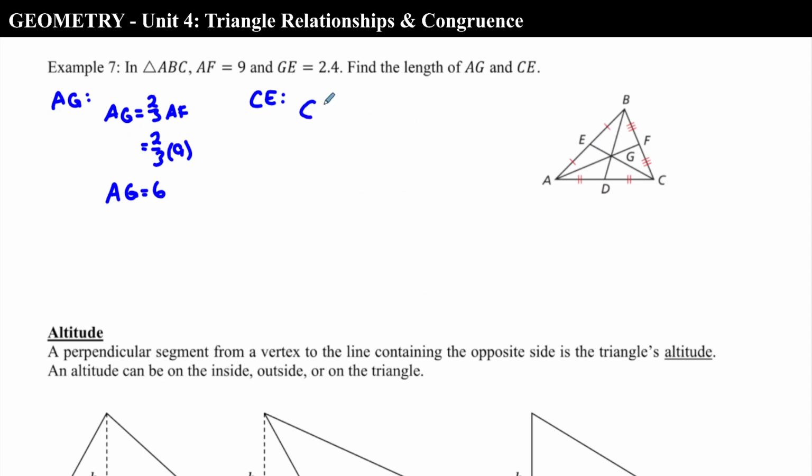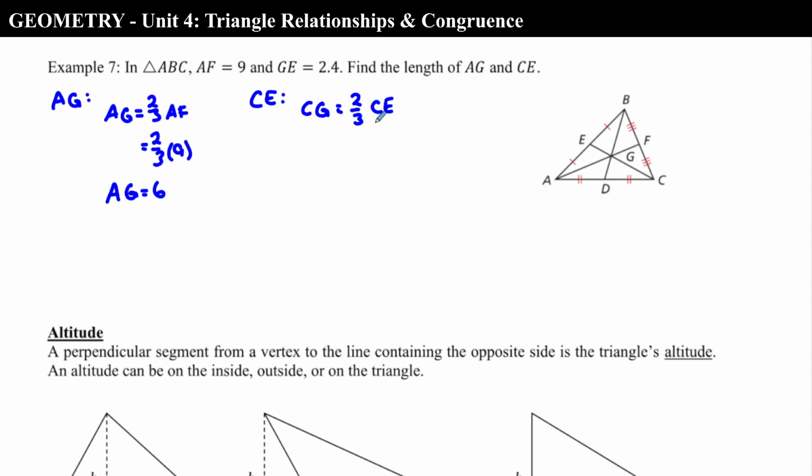So CG is equal to 2/3 of the whole thing, CE. Actually, let me make a little correction here. This entire thing, CG, that's correct. CG is 2/3 of CE.